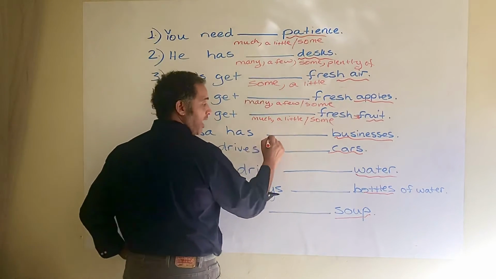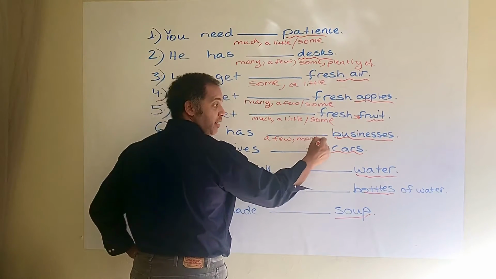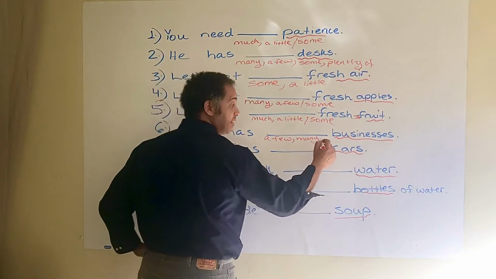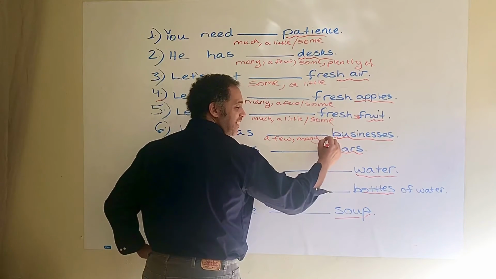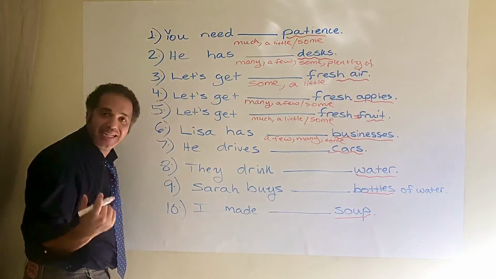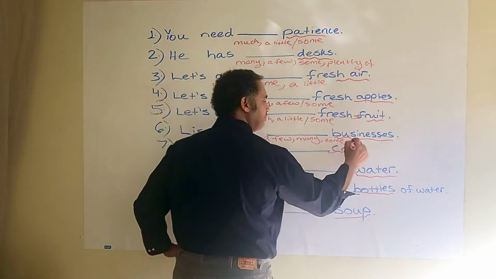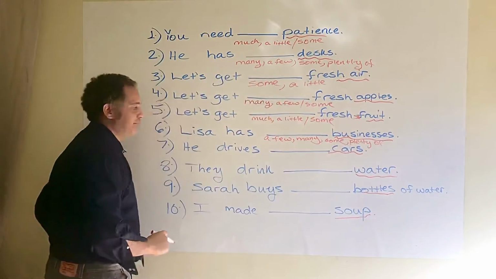So Lisa has a few. Lisa has many. I'm sorry, not much. You could say Lisa has some businesses. Plenty of businesses. Again, a lot of options there.